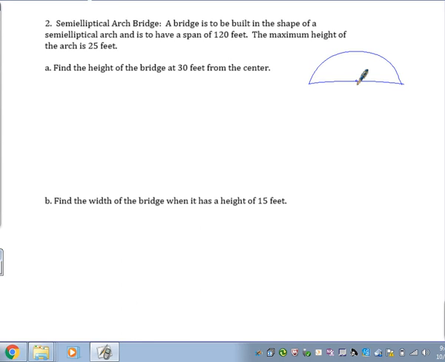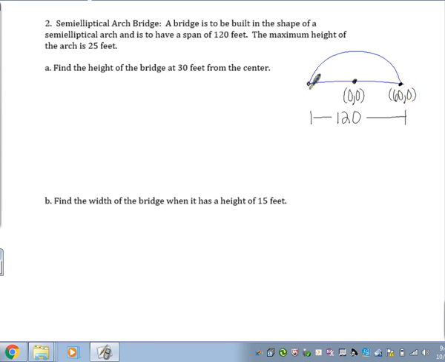Again, I always find it helpful to center at 0, 0. And it has a span of 120 feet. So that means if I had to put ordered pairs at the end, what would this be on the right side? 60, 0.